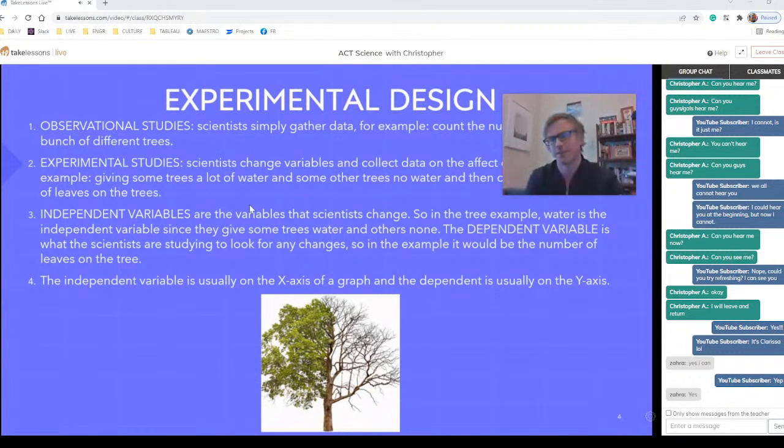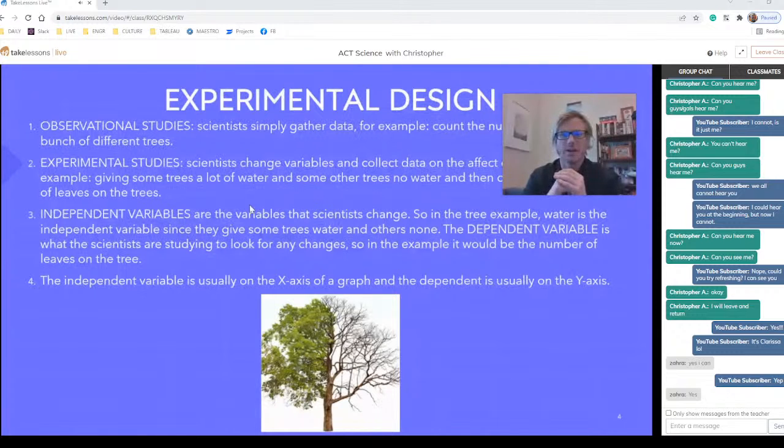Deciding to give the tree no water versus all the water it needs is manipulating the variables to see the outcome. So an experimental study means you manipulate things. Observational studies means you just observe.